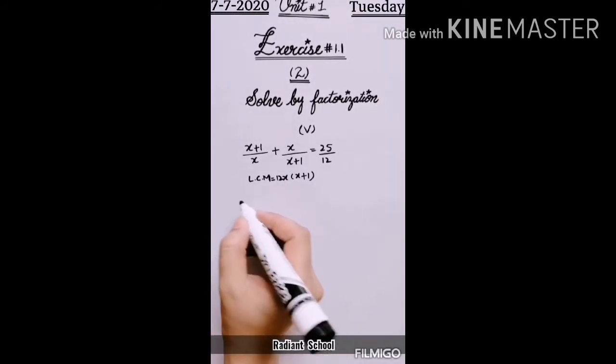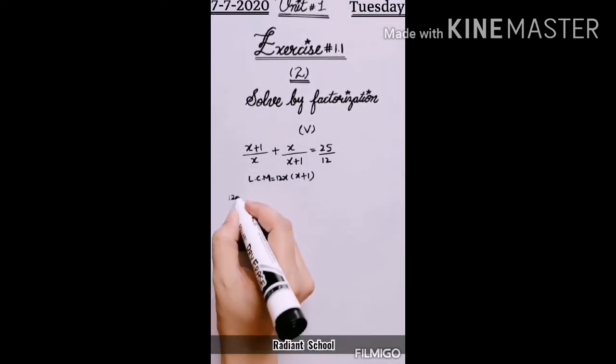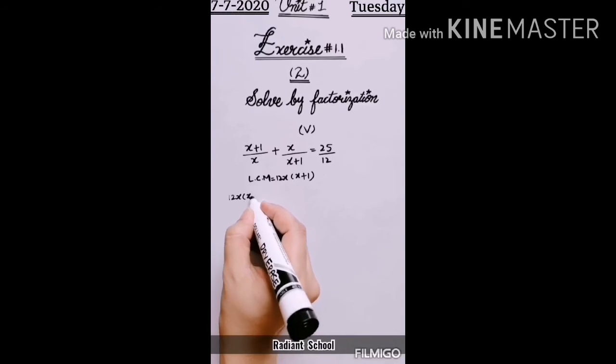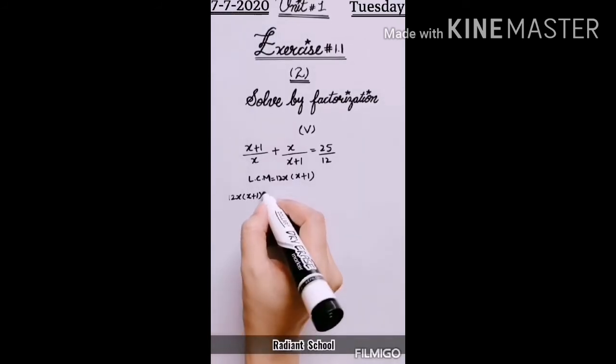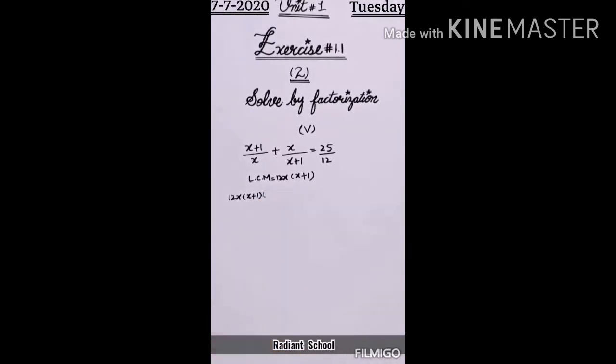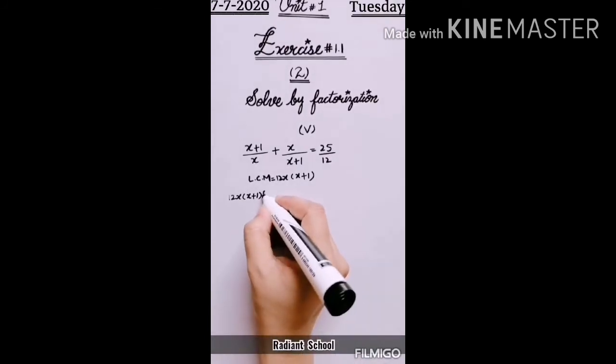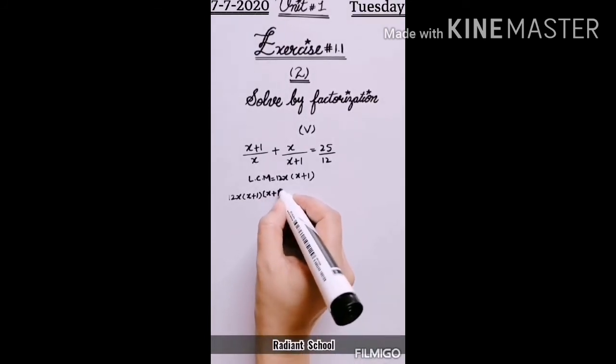We will multiply the LCM with all the terms, 12x and x plus 1. We will multiply with the numerator x plus 1.